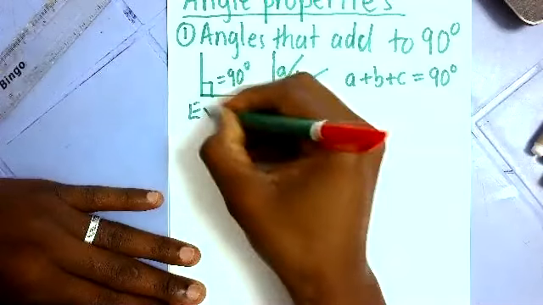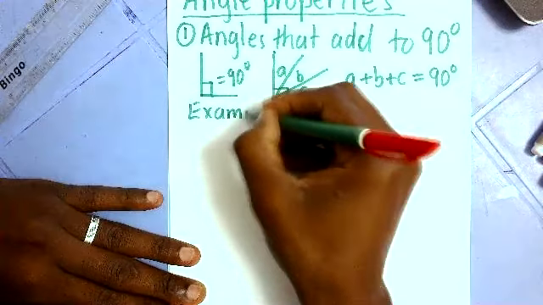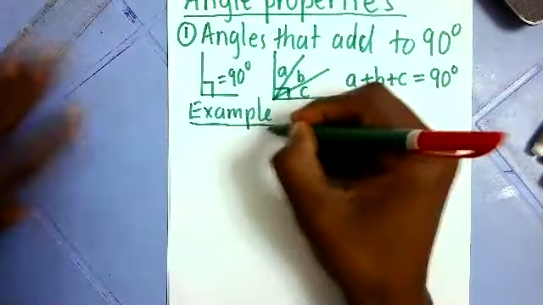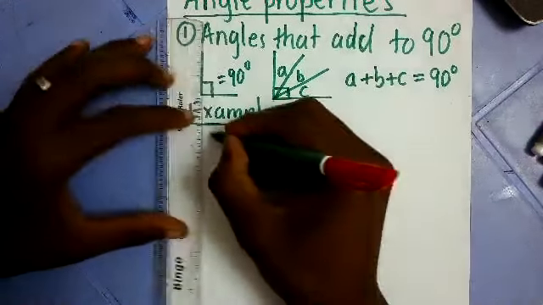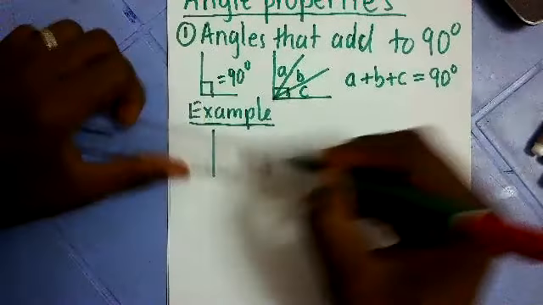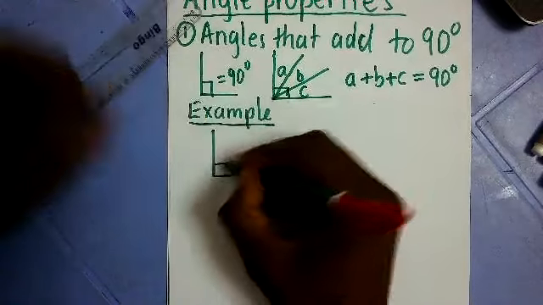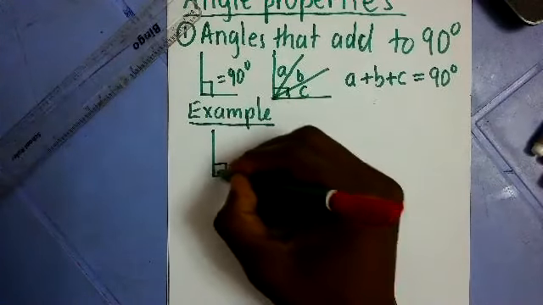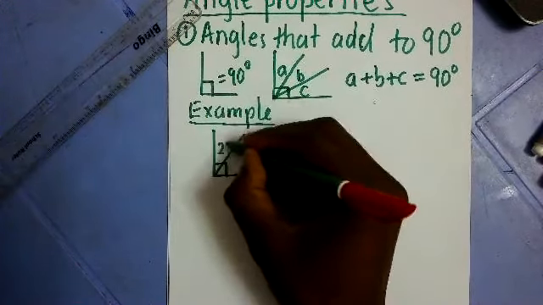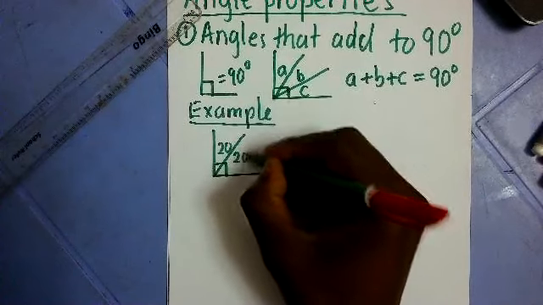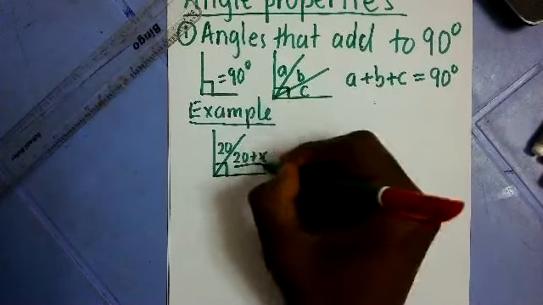Example. If I have a question just like this, and you give me, let's say, 20, and this side you say maybe 20 plus x over 2.